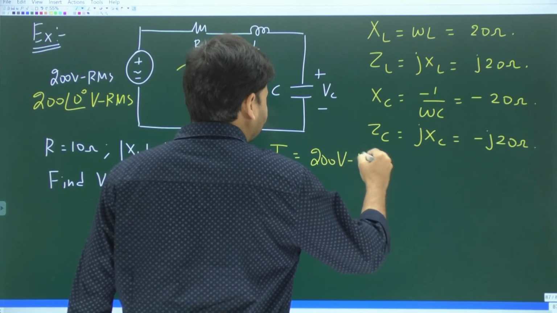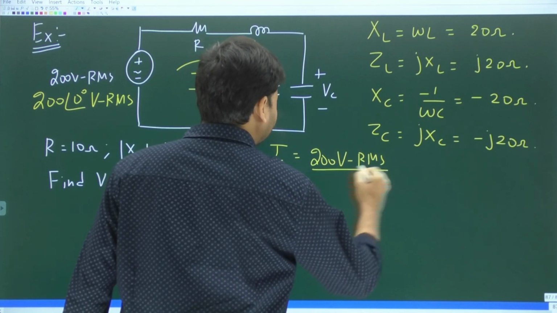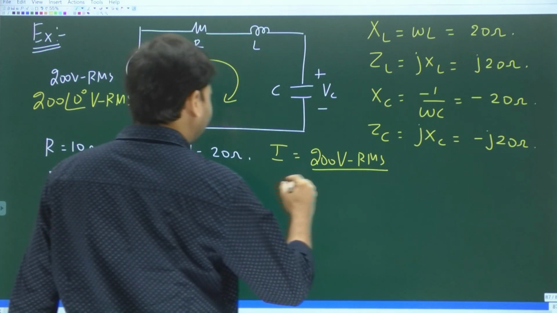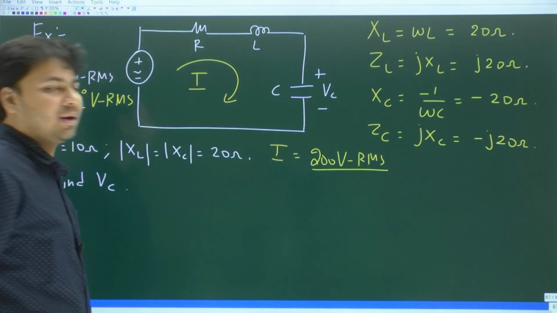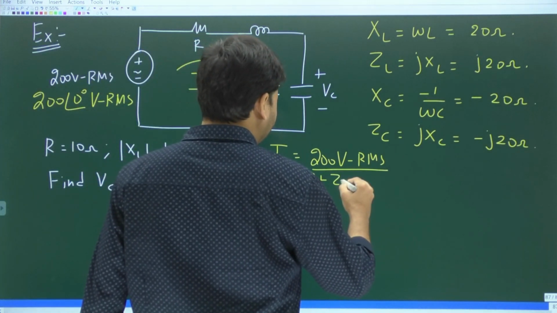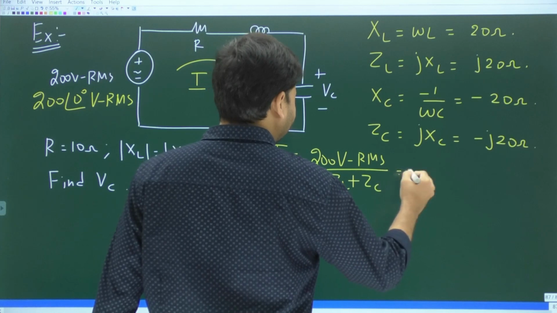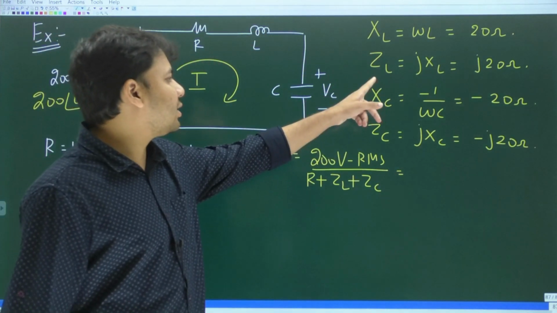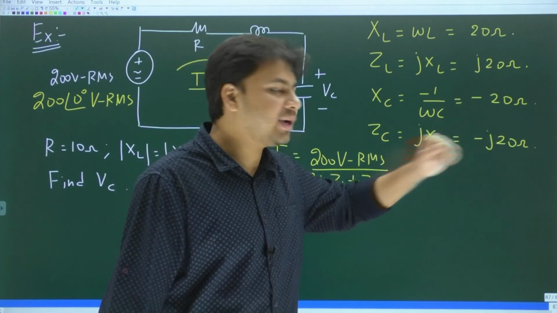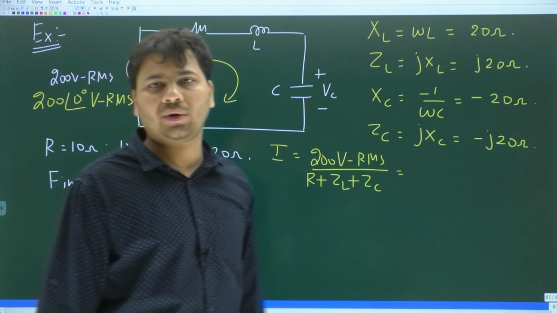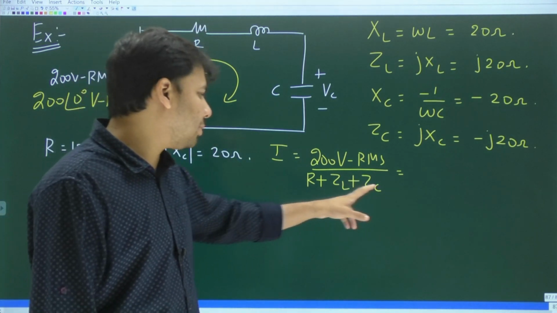The net impedance in the loop is R plus ZL plus ZC. What is ZL plus ZC? ZL is j20, ZC is minus j20. J20 minus j20 is 0.